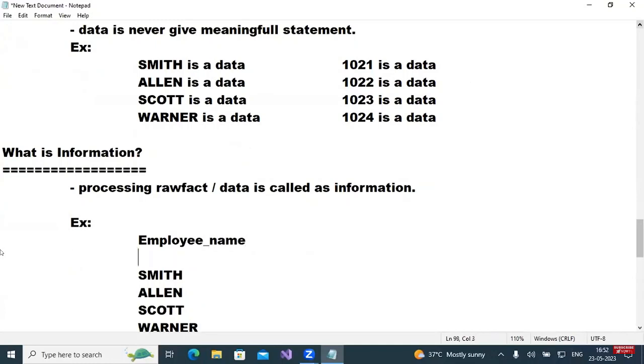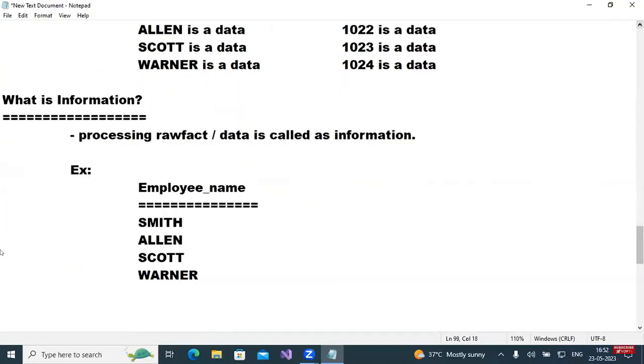When I give this predictor, now tell me, Smith, Allen, Scott and Warner, who are these? Employees. See how confidently you say employees, yes or no?